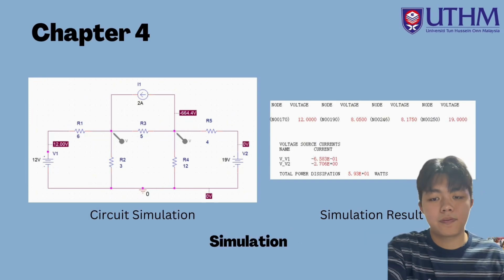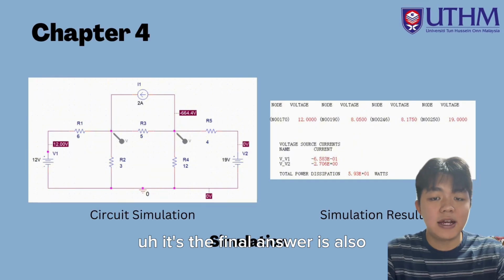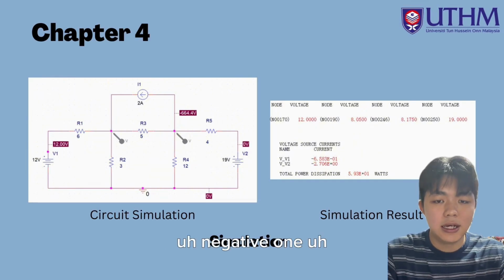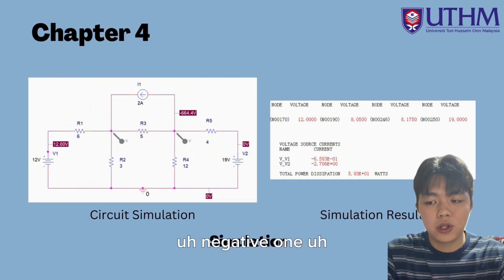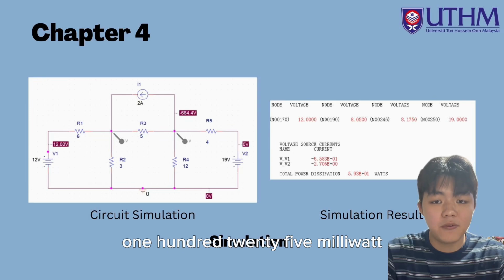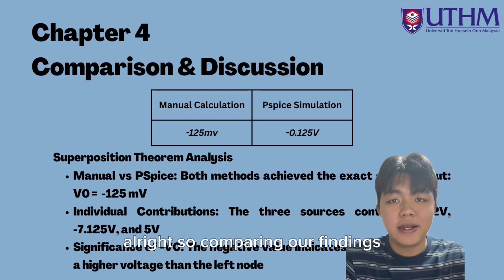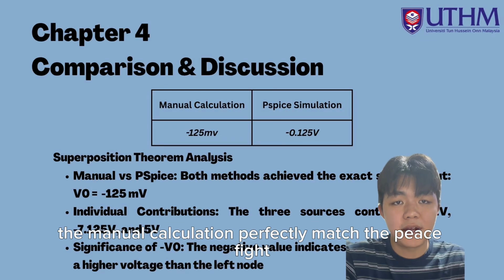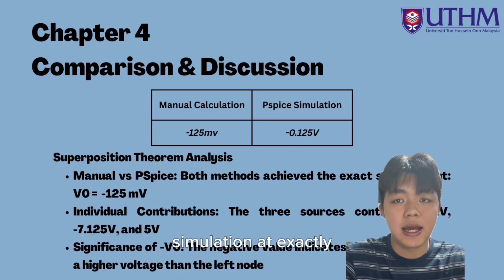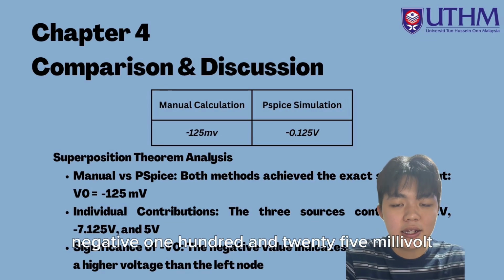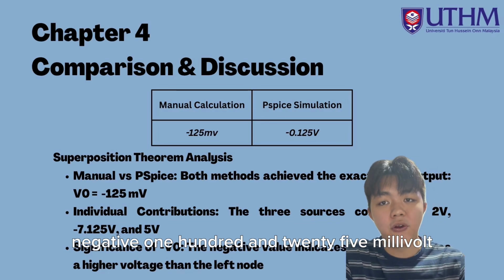So the final answer is also negative 125 millivolt. Alright, so comparing our findings, the manual calculation perfectly matched the PSpice simulation at exactly negative 125 millivolt.